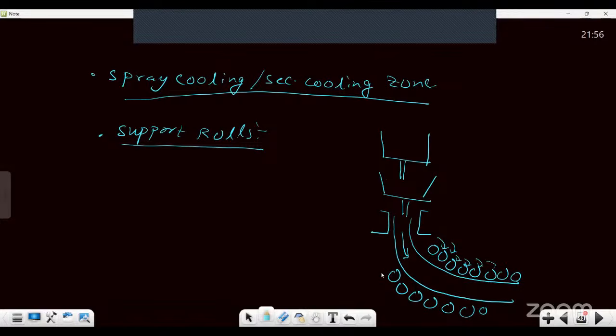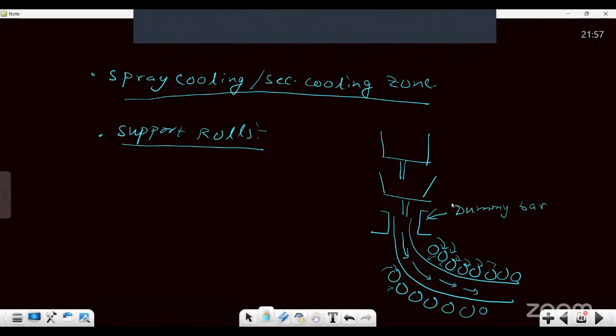Because these rolls are rotating, there is continuous withdrawal of this section. And there will be sprayers in between these rolls to cool this continuous casting. And there is a dummy bar. This is what we call a dummy bar.